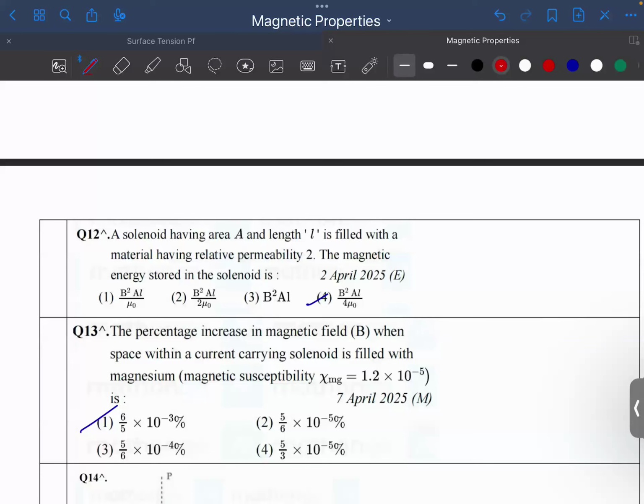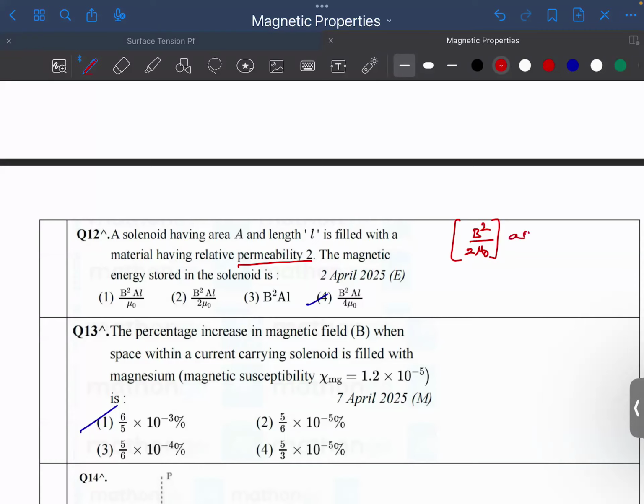A solenoid having area A and length L is filled with a material having relative permeability 2. The magnetic energy stored in the solenoid is... See, B square by 2 mu naught is the expression for energy stored per unit volume, when air is the medium.